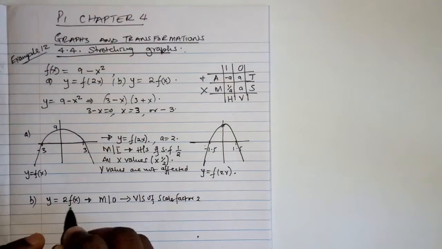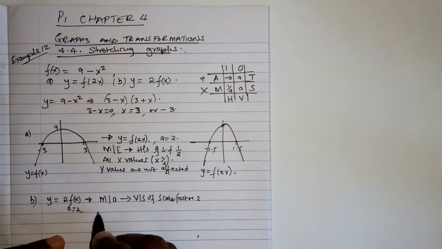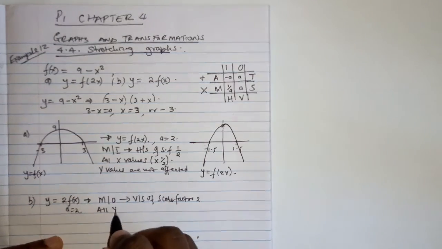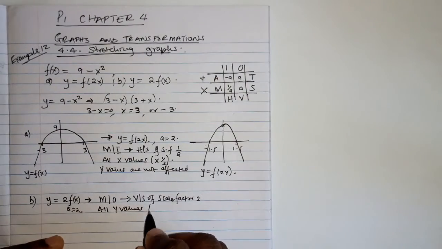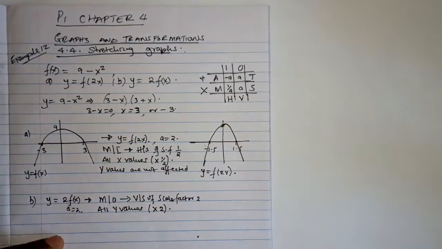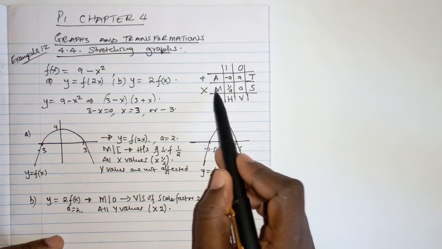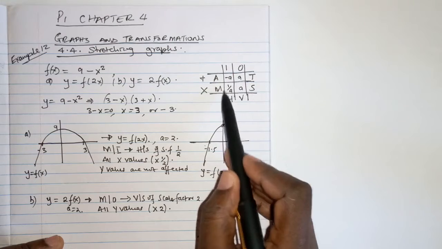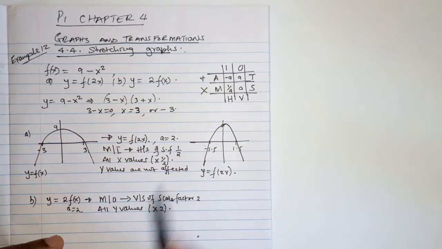You can see our a is 2. This means all y values, because y values are the ones which are now vertical, are multiplied by 2. Remember, the other one was multiplied by 1/a because it was multiplication inside and the scale factor is 1/a. But now that we have multiplication outside, the scale factor is a.